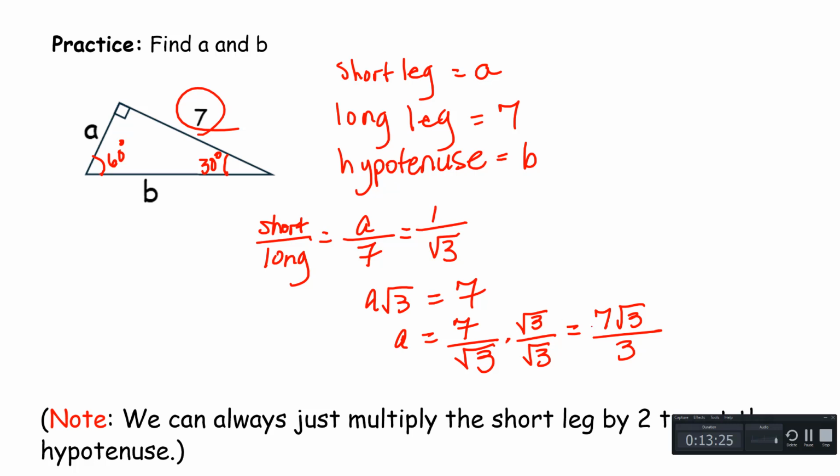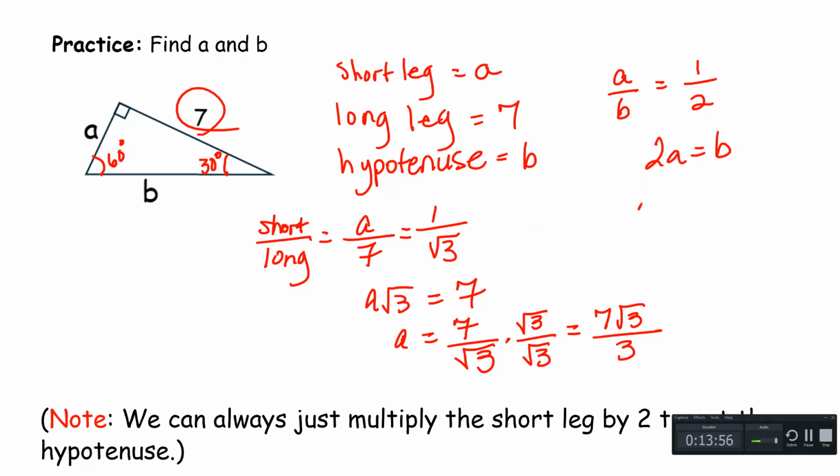So that's what a is. Since a is the short leg, I know the hypotenuse is twice the short leg. All I have to do is double this to get b, because a over b is 1 to 2. That's the relationship between the short leg, the leg across from the 30-degree angle, and the hypotenuse in a 30, 60, 90 triangle. a over b is 1/2, and that means that b is going to be double a. 2a equals b.